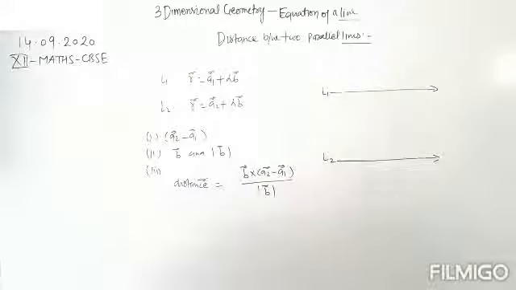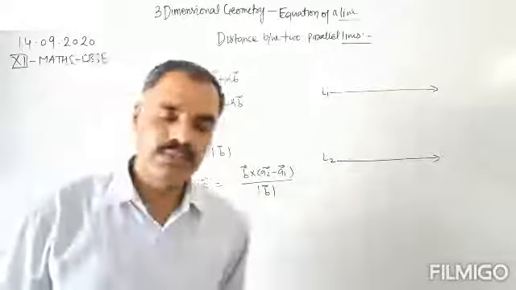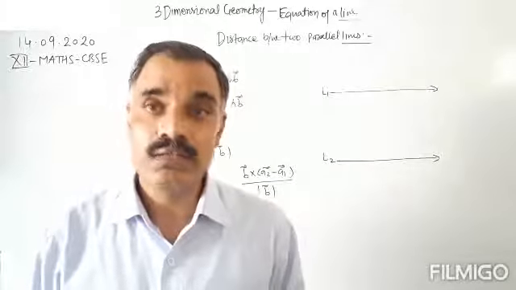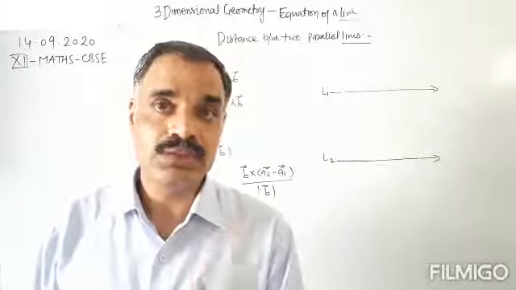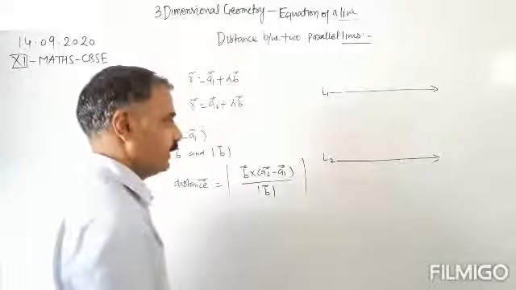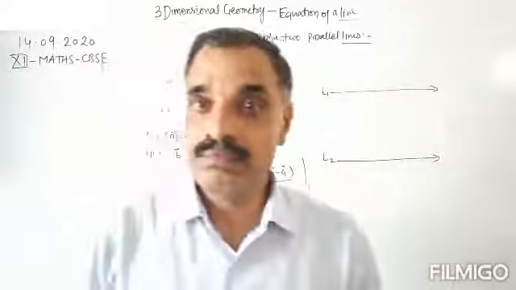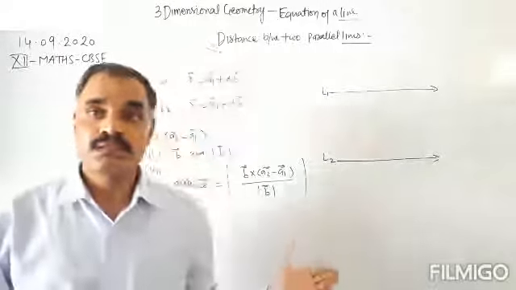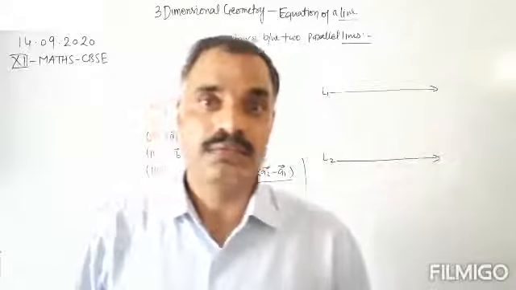Again, we know that distance is a positive number, so we have to take its positive value. So this is the formula for the distance between two parallel lines.